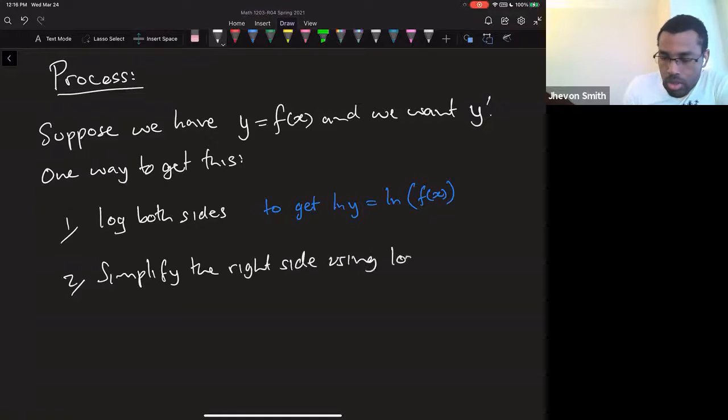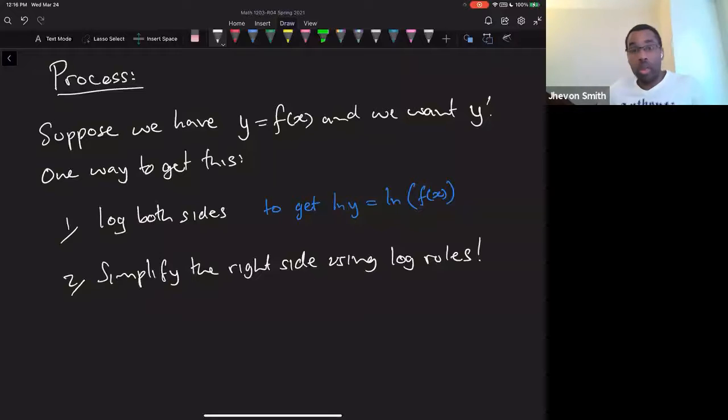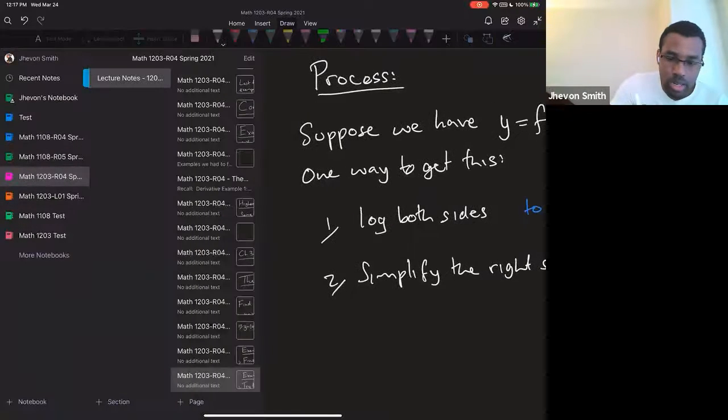So obviously, the logs help with certain things, right? They turn powers into multiples. They turn multiplication into sums. They turn division into subtraction, right? So you can have something that's very complicated computationally with a lot of powers and multiplications and divisions, but you can turn these all into multiplications, sums, and subtractions, right? So you are allowed to do that. And the idea is using the log can help you differentiate something easier.